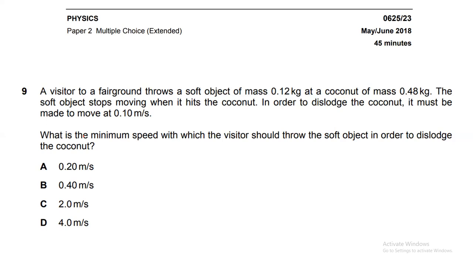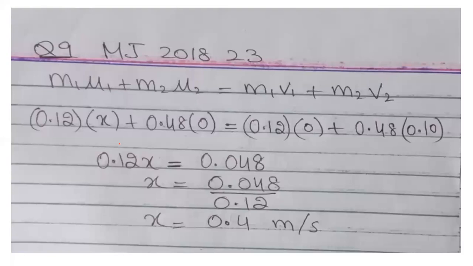U2 is the initial velocity of the coconut, which is 0 because it was at rest. And then after the collision, the soft object will stop moving, so its final velocity will be 0. The coconut's velocity will be at least 0.10 meter per second. So we have to find out the initial velocity of that soft object.